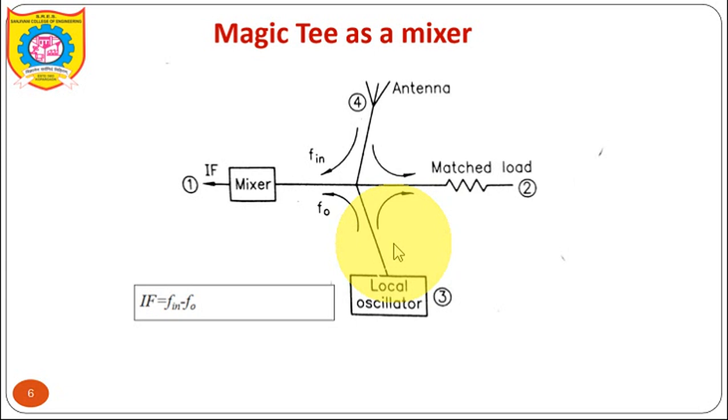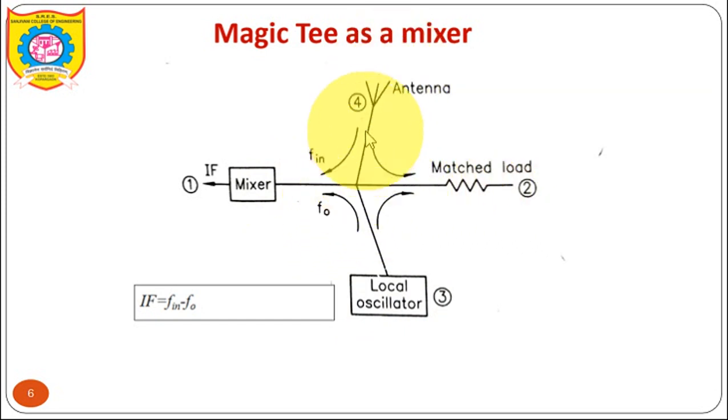Half of the local oscillator power and half of the received power from the antenna go to the mixer, where they are mixed to generate the intermediate frequency. You can see that from port number 3, the power will be divided equally here.